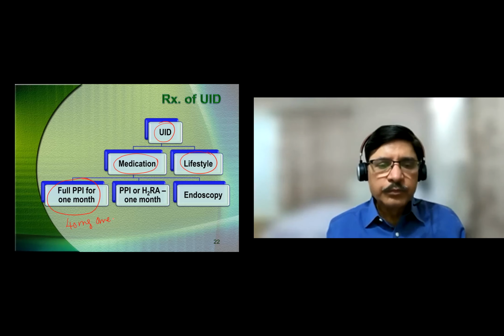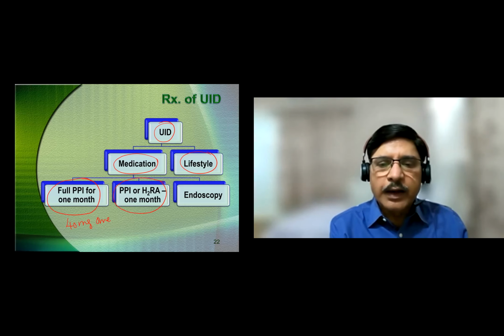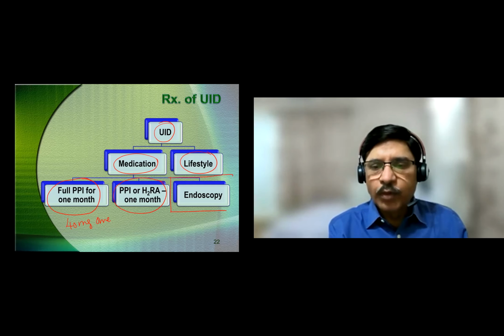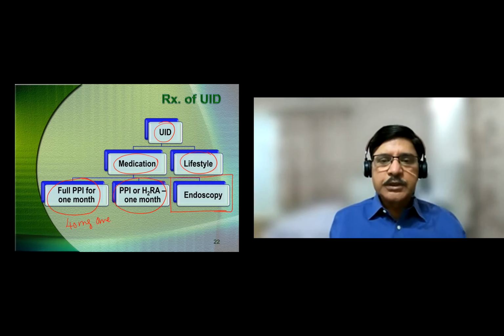Then I give him 1 month of full dose PPI, which is equivalent to 40 mg of omeprazole. Then reduce it to PPI or H2RA for 1 more month. If not relieved even then, go for the endoscopy. This is the protocol.